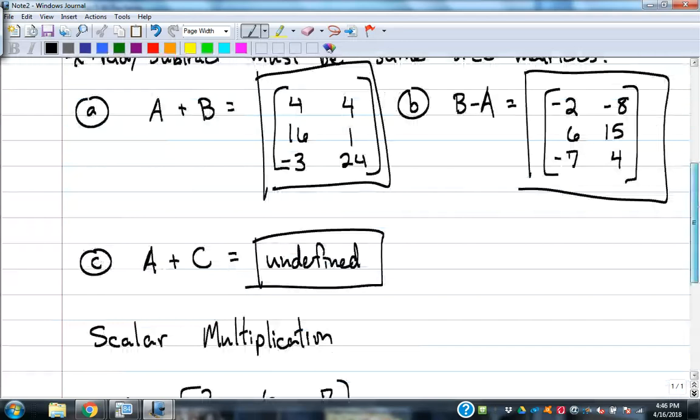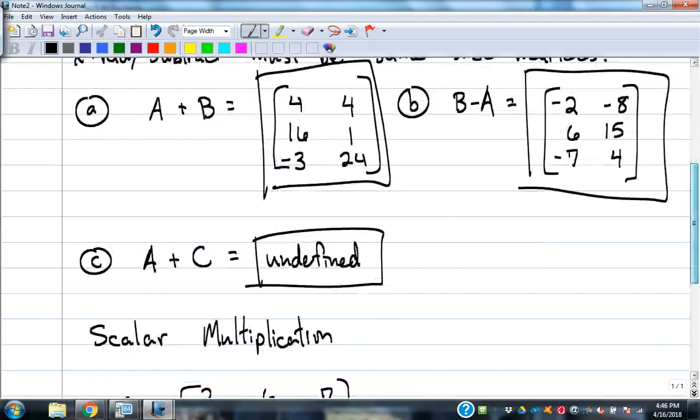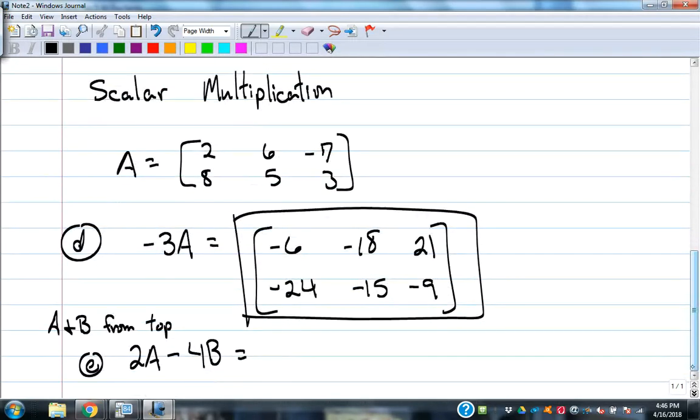So if we're looking at these two matrices A and B up here, 2A minus 4B. 2A means you double everything in A. 4B means you multiply everything in B by 4. So 2 times 3 is 6, minus 4 times 1, 2, right? Okay, so we're going to get a 2 back. Our matrix, be a 2 right there.